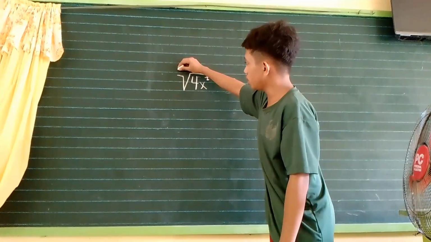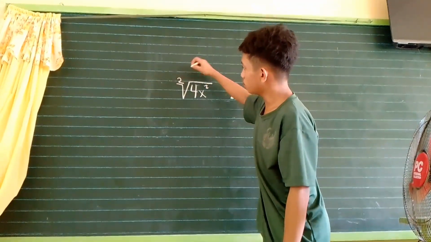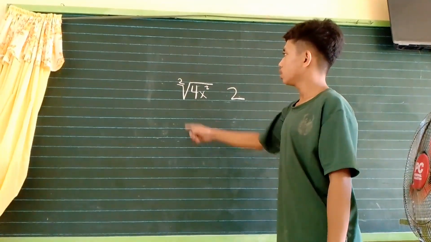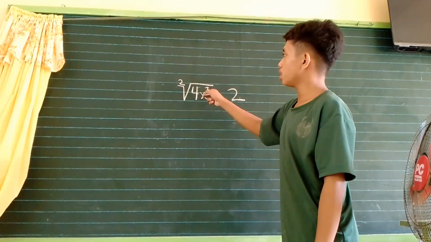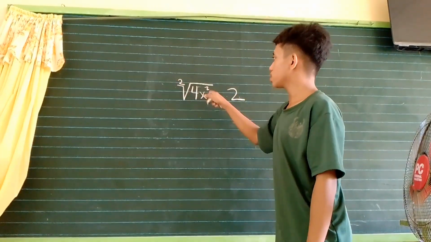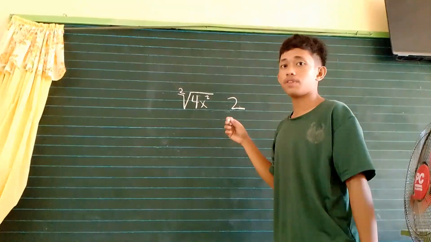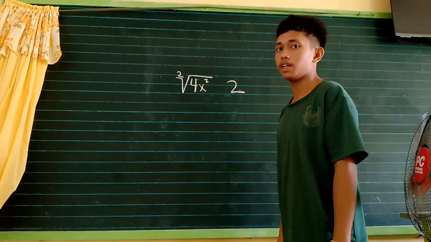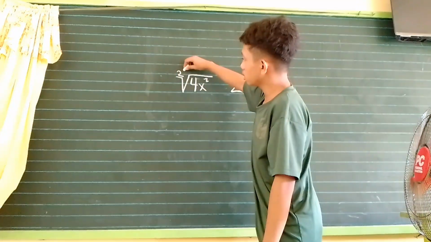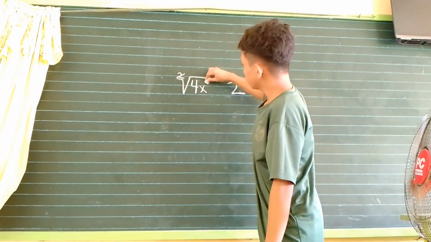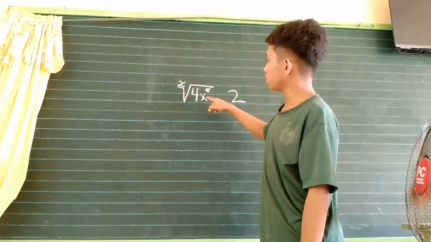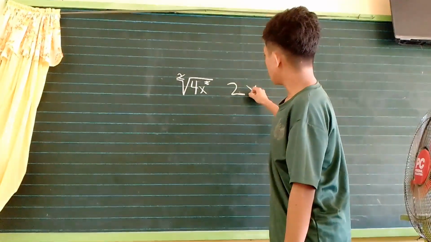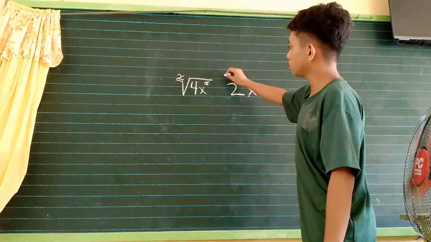The index here is the invisible 2. Since they have the same index, the rule is that they cancel. I'll cancel the 2, and the square root of x squared is simply x. And the answer is 2x.